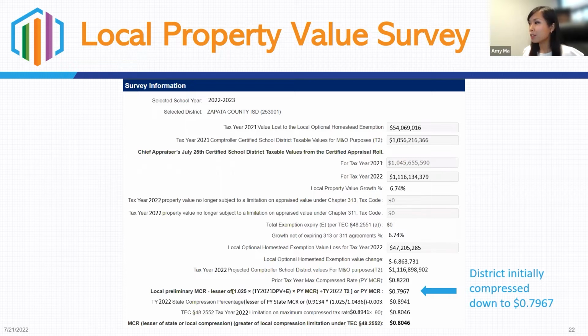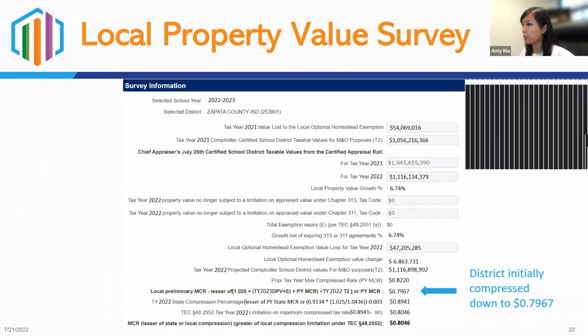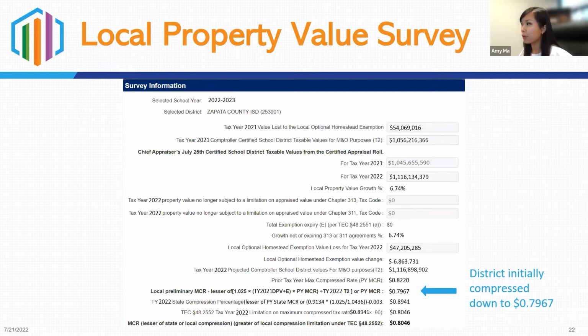In this example, after all the information has been entered into the LPVS, we can see that the district's local preliminary MCR is compressed down to 0.7967.